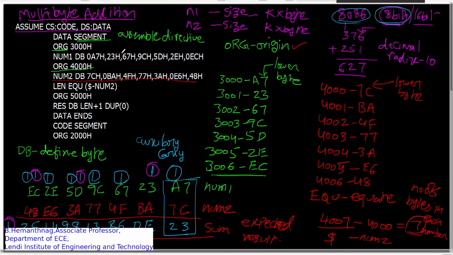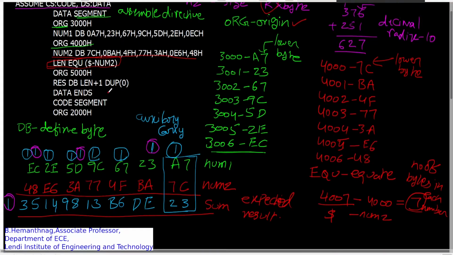So in the simple sense, in the multi-byte addition, the k value, or the number of bytes which defines the size of each number, is obtained here by using this statement. This gives us the byte size of the given numbers.